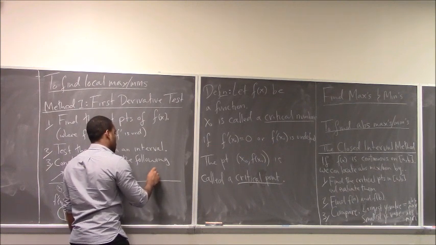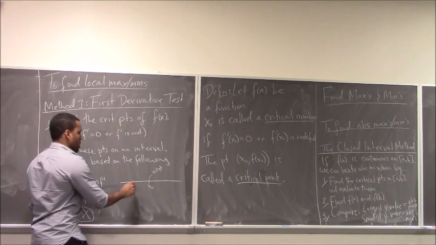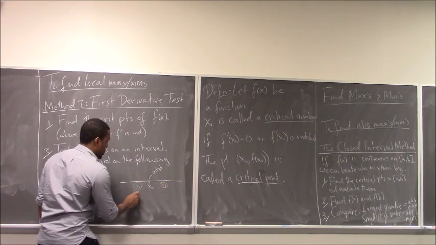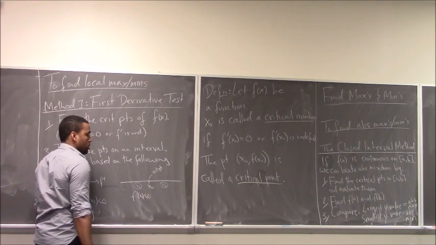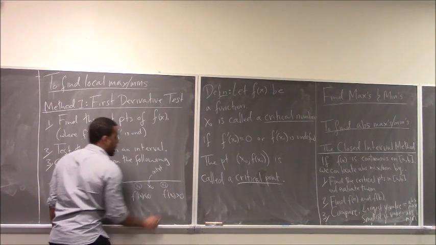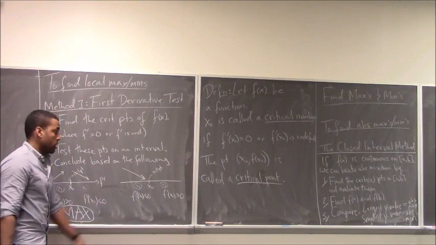Conversely, if this is your critical point, and you pick a point to the left and the right of it, and you find the derivative. If it's negative here, but positive there, it means here it's decreasing because the derivative is negative.